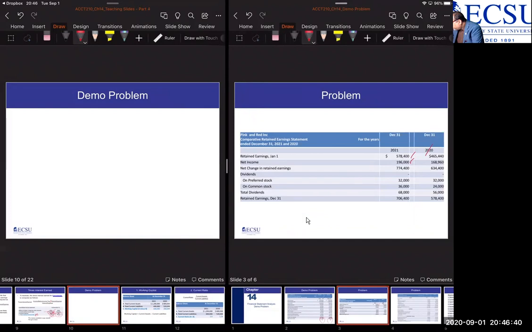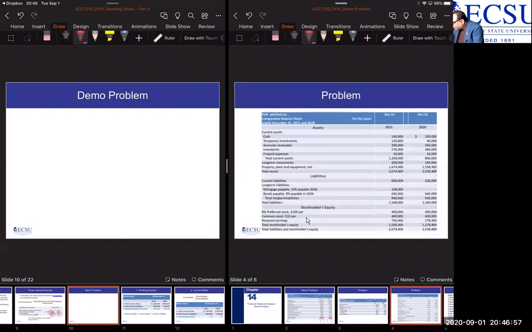And then that will give you the changes to the retained earnings. And they paid 32,000 as preferred stock dividend. Usually you will be able to find out the preferred dividend from the balance sheet as well. If you look at the balance sheet here, it says 8%. 8% of 400,000 will be the 32,000 of preferred dividend.